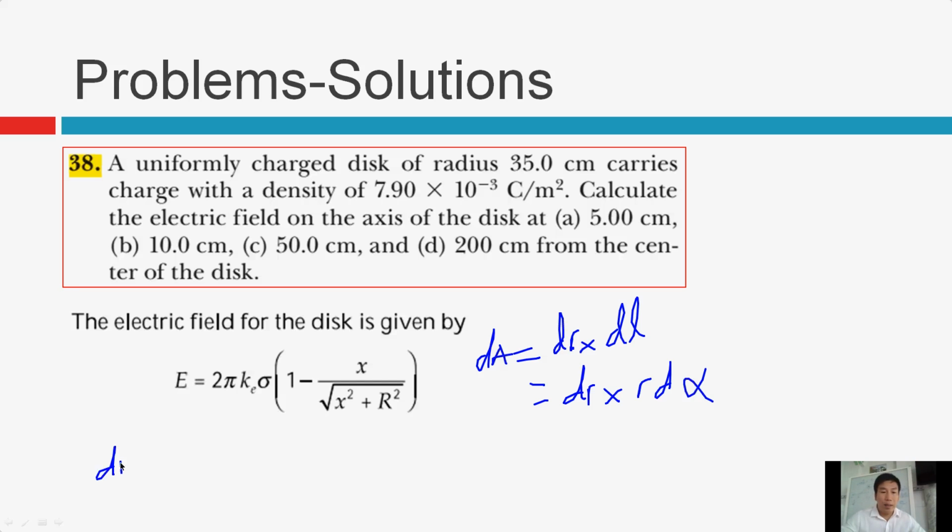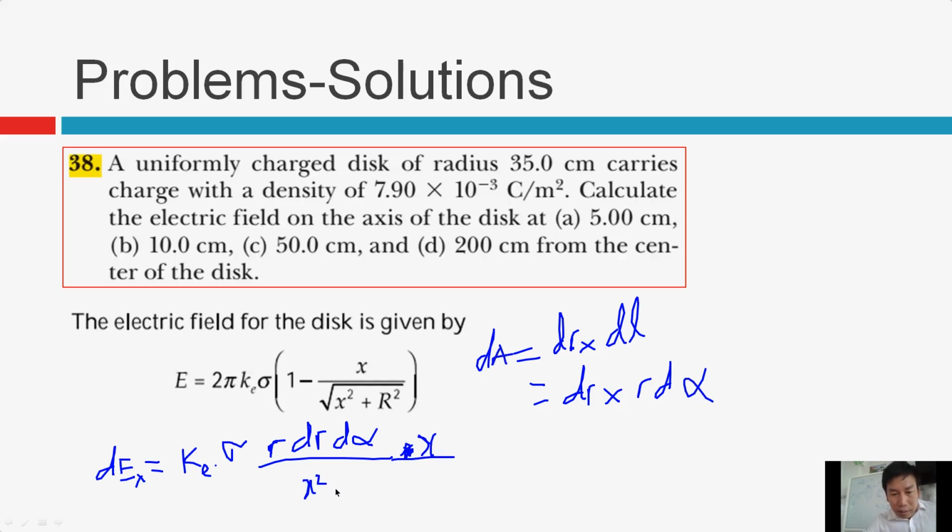And you have dE_x equal k_e sigma r dr d alpha multiply h, divided by s squared plus R squared to the power 3/2. Yeah, that's all.